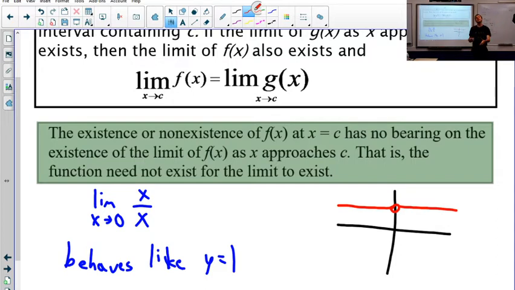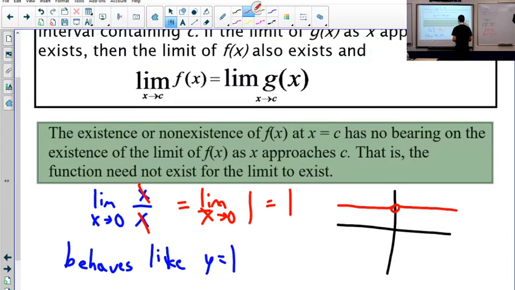So because everywhere except 0 it behaves like y equals 1, and since the limit is interested in what's going on around 0, very close to 0, that means that we can just treat this as if we're finding the limit of 1 as x approaches 0. Canceling out the x on the top and bottom, and finding the limit as x approaches 0 of 1, which is 1.